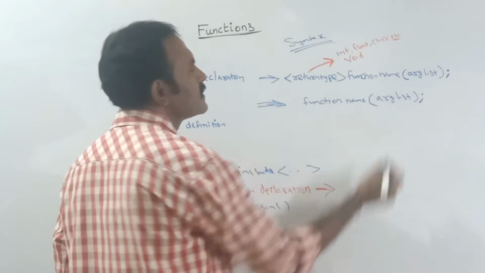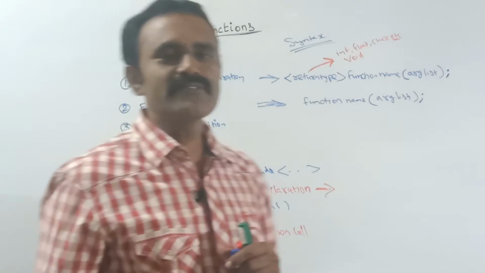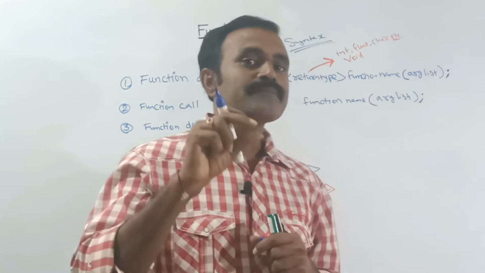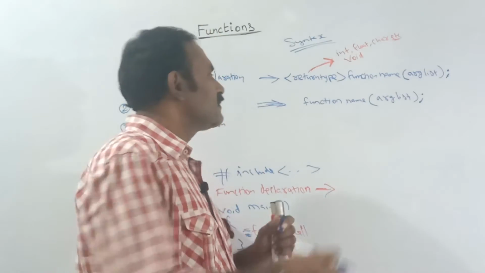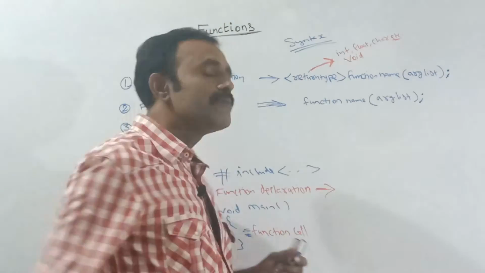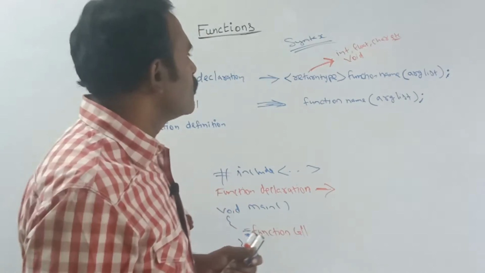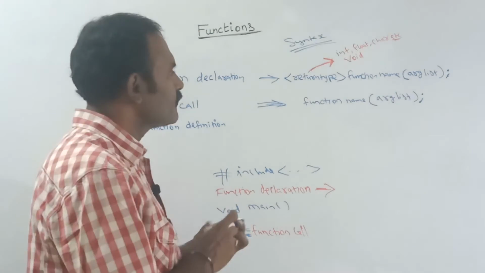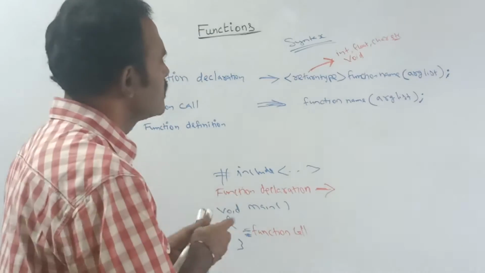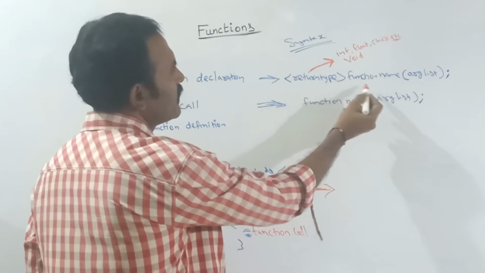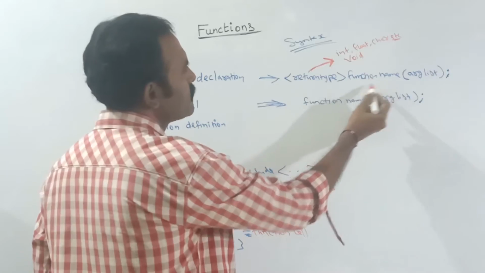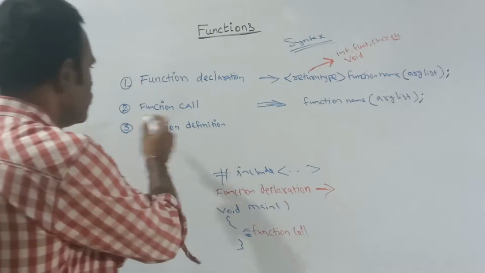This argument list is optional only. Some functions will not have any argument; without an argument, if you just call the function name, that is enough. This function name is the one which we declared before, and this name should be used here in the function call.